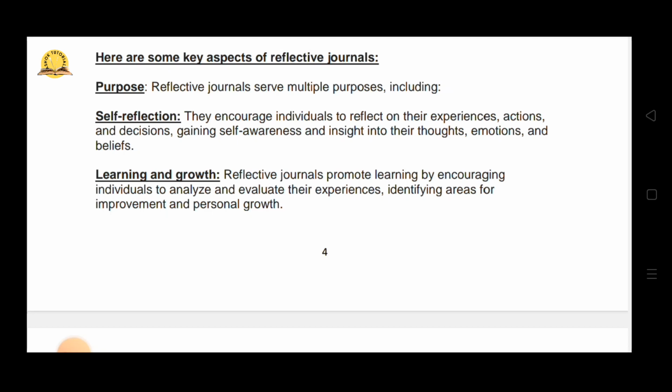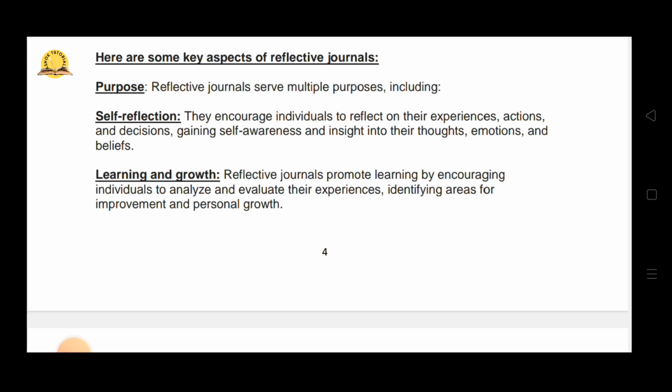Self-reflection. So the first domain which a reflective journal helps us understand is self-reflection. They encourage individuals to reflect on their experiences, actions, and decisions, gaining self-awareness and insights into their thoughts, emotions, and beliefs.